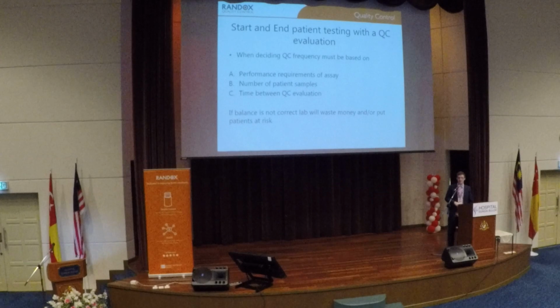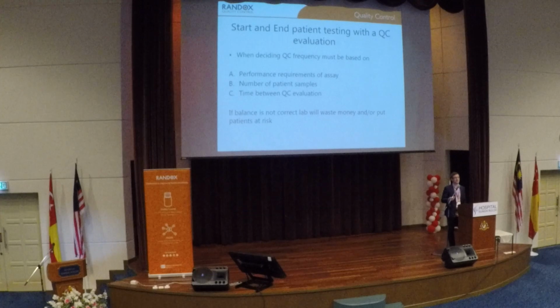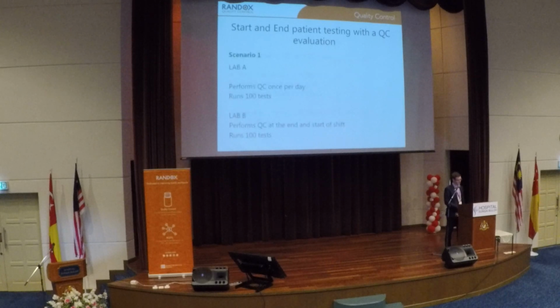These are all the things we need to think about before we can make that decision. So it's all about balance. You can run QC too much, which means you're going to waste money, and you're more than likely going to get more errors that maybe aren't significant. The opposite is generally true where people don't run QC enough, and then they run the risk of releasing incorrect results, which can have huge ramifications for that lab.